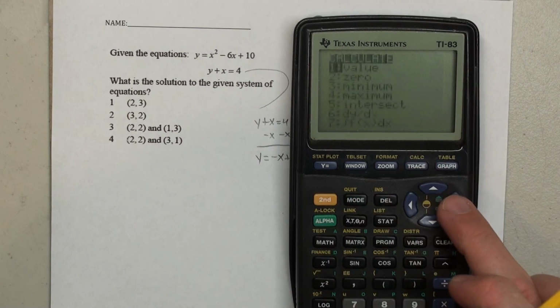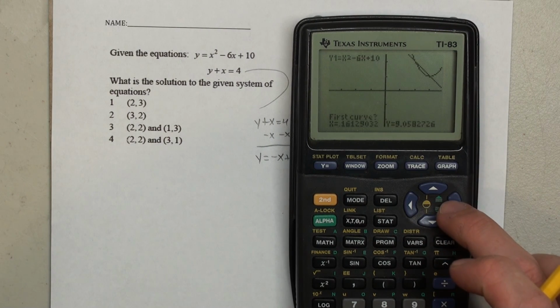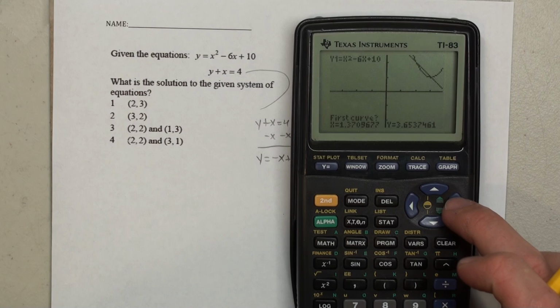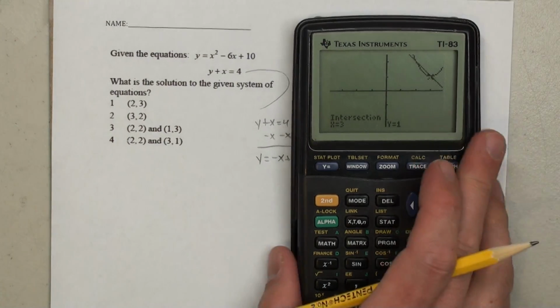So second, calculate, intersect, okay, here it comes. Here's my cursor. Bringing it over near the second point. Enter, enter, enter. 3, 1.